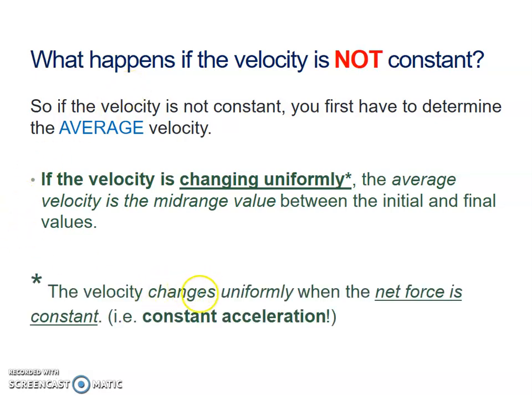So when the velocity changes uniformly, that means that the net force is constant. And that's what we call constant acceleration. Constant acceleration is such a difficult term for a lot of students to get. And I think the reason is the word constant seems to mean like nothing's happening.